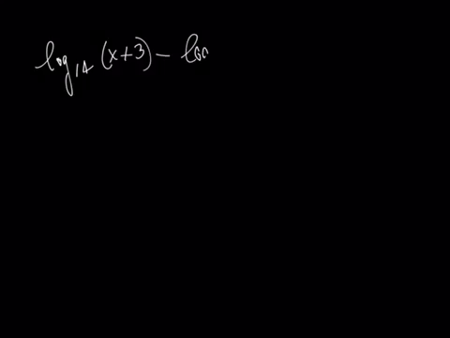All right, so if I have log base 14 of x plus 3, and then I have a minus log base 14 of x minus 3, and that equals log base 14 of 7.